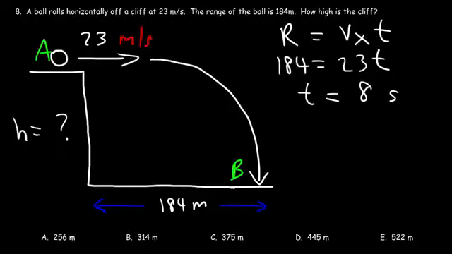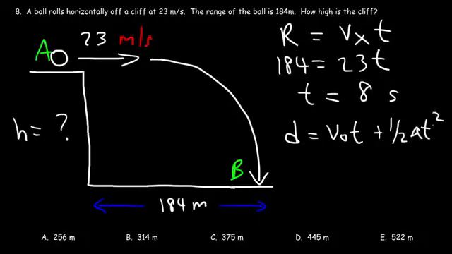So now we can find the height of the cliff using this equation. d is equal to V initial t plus 1/2 a t squared, but in the y direction. Now V initial is basically 0. So the height is 1/2 a t squared. You can just simply use that equation to find the height of the cliff.